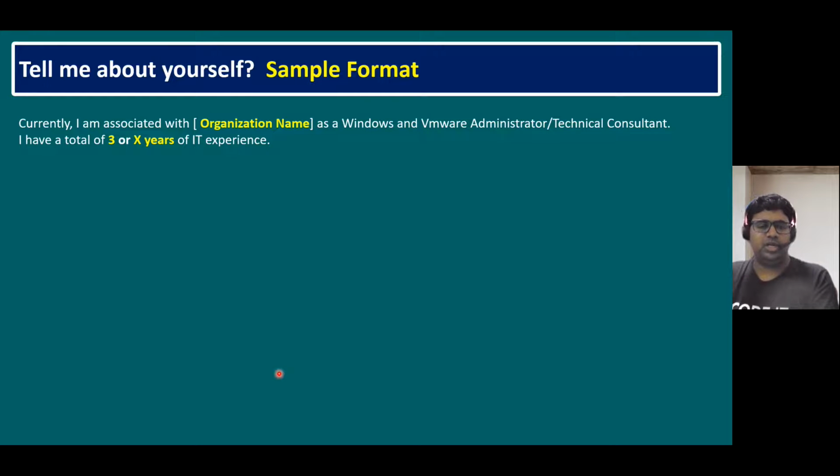Suppose I give an example here as Windows and VMware administrator, or VMware technical consultant, or any other roles like DevOps engineer, cloud administrator, or cloud consultant. Any designation you can mention, depending on your organization role. And then you can mention your total experience. Let's say, "I have a total of 3 years of IT experience," or you can mention the exact specific number accurately. That is the first point.